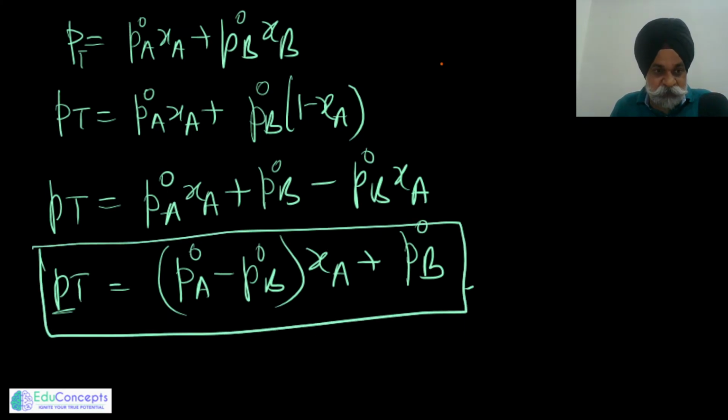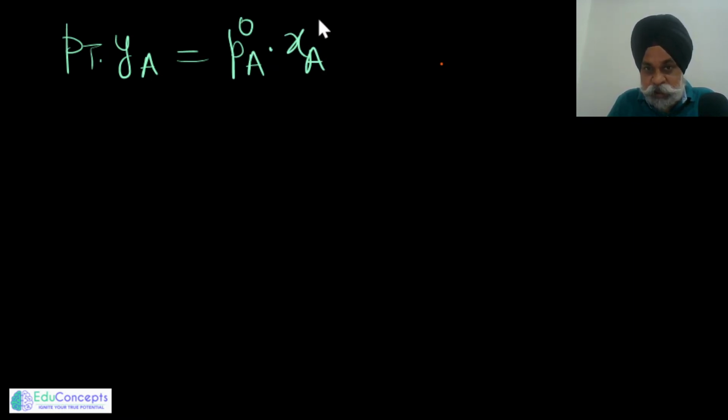Now another thing we want to place here is this. What shall be the P total according to Dalton's law? It is this, and P naught A into XA dash. Here I am interested to know the new mole fraction corresponding to YA dash.